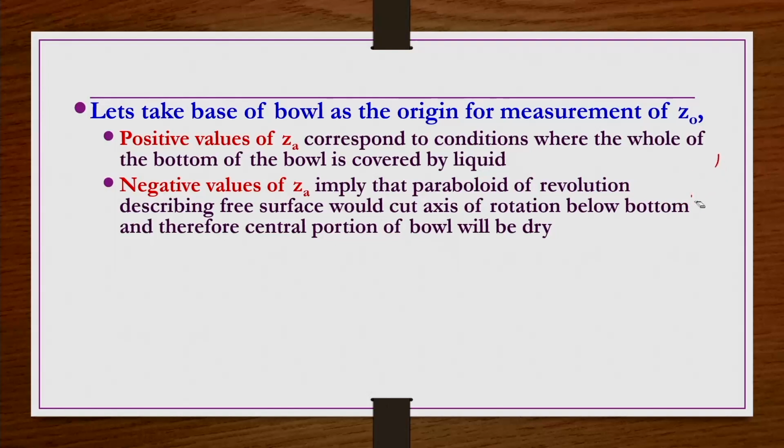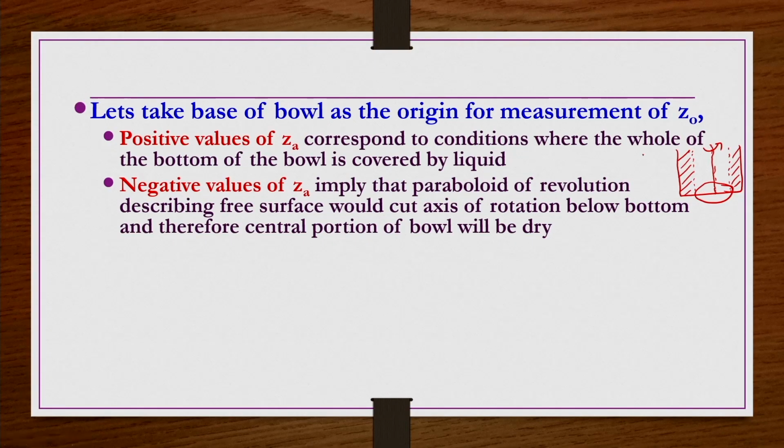If you have negative values of ZA, then what will happen? This is the rotational axis along which the ball is rotating. If ZA is negative, then we will have a fluid attached to the ball as a layer, rotating without any relative slip, and the bottom of the ball is completely dry and exposed.